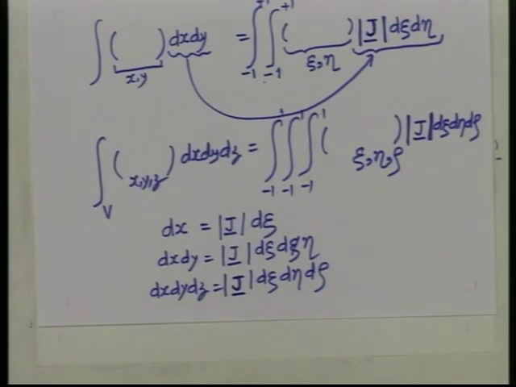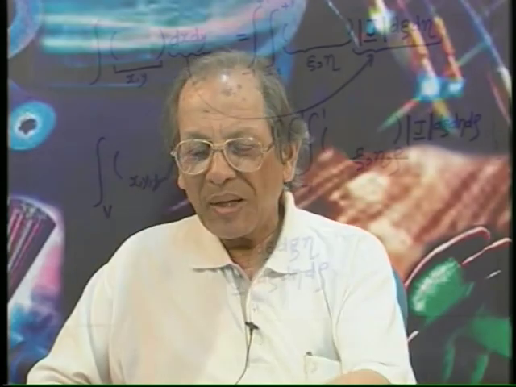So, this will take care of your 1 dimensional, 2 dimensional and 3 dimensional finite element analysis using isoparametric formulation and through mapping of the physical coordinate system to the natural coordinate system. Now, it will take some time for you to understand mapping.